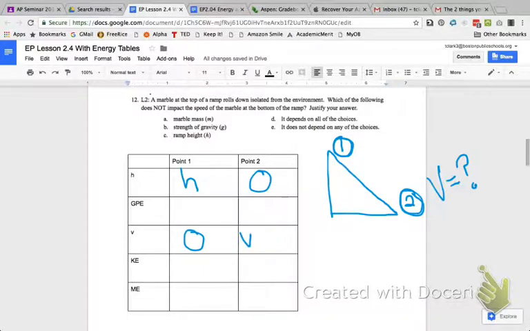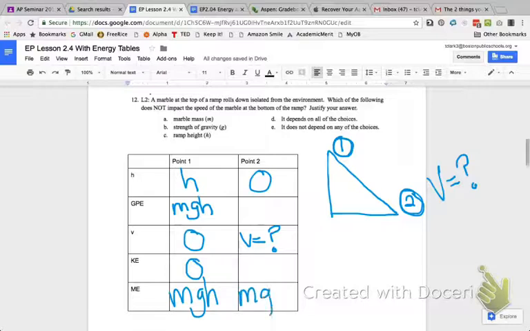At point 2, so here our GPE is mgh, our kinetic energy is 0 at point 1, so our mechanical or total energy is just mgh, and we write that in both places.